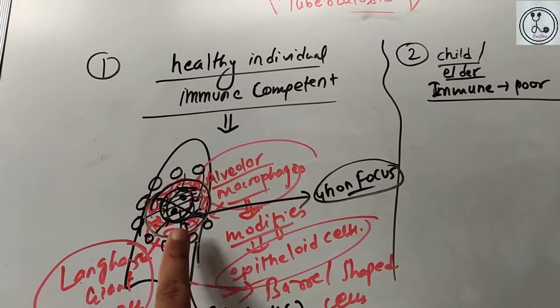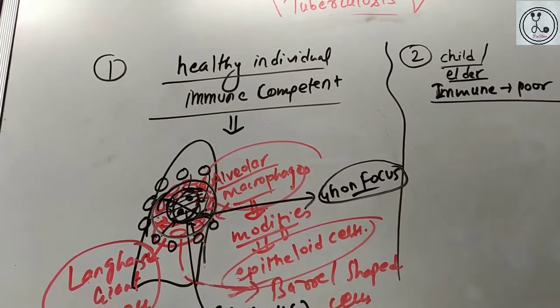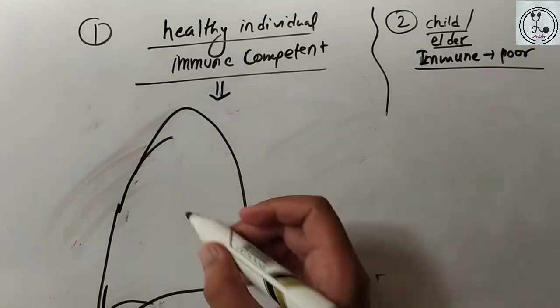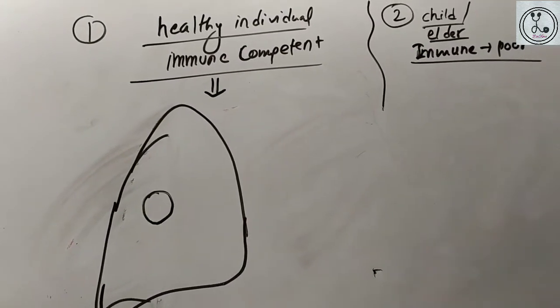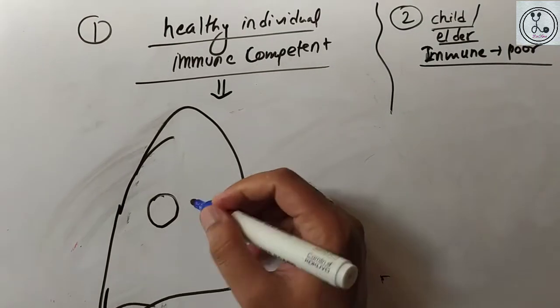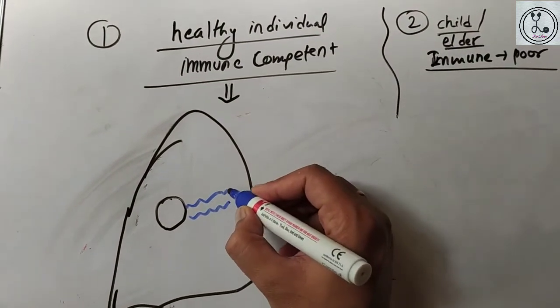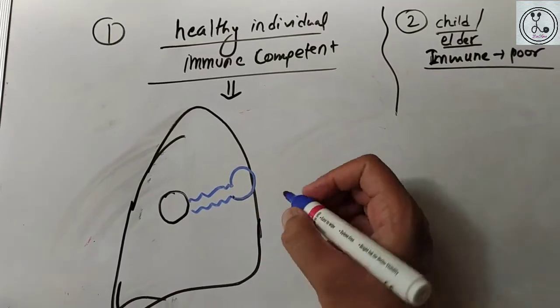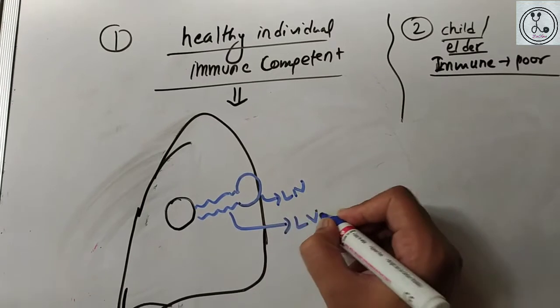And now the bacteria start to travel along the nearest lymphatic channel. Let us suppose that here is the ghon focus, and here we have our lymphatic channel, and let us suppose this is the nearest lymph node of the hilar region. So this is a lymph node, this is a lymph vessel.